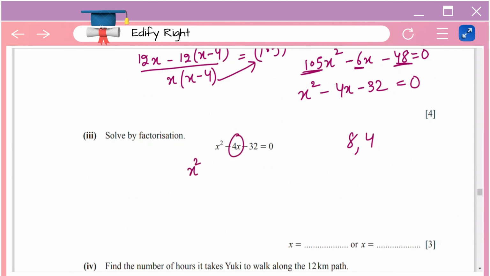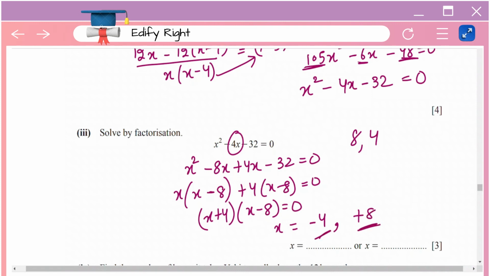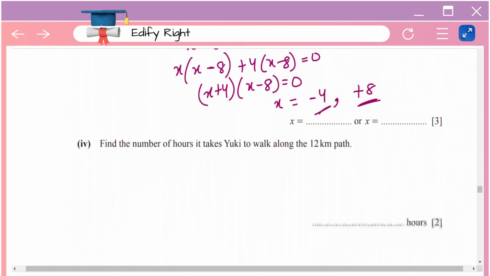So basically I'm going to write minus 4x as minus 8x plus 4x minus 32 equal to 0. Now take common, so that's x minus 8 plus 4 into x minus 8 equal to 0, which is equal to x plus 4 into x minus 8 equal to 0. So the x value is minus 4 or it is plus 8, two values of x.